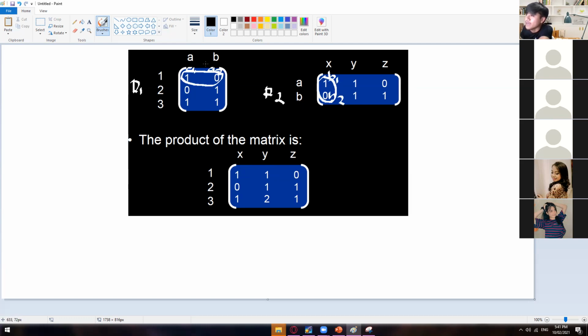So it should be A1 times B1 plus A2 times B2. Okay. And then you will get this one. As you can see, we have 1 times 1 plus 0 times 0, which is equal to 1. Gets?